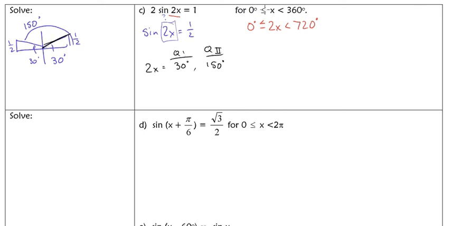If we're going out to 270 degrees, then I need to add another 360 degrees to get back to there. So back in quadrant 1 again, but this time we're at 390 degrees. And then back in quadrant 2, from this angle here, adding 360 degrees is going to give us, let's see, what's 150 plus 360? 510 degrees. Remember, we just want x, so we're going to divide everything by 2.